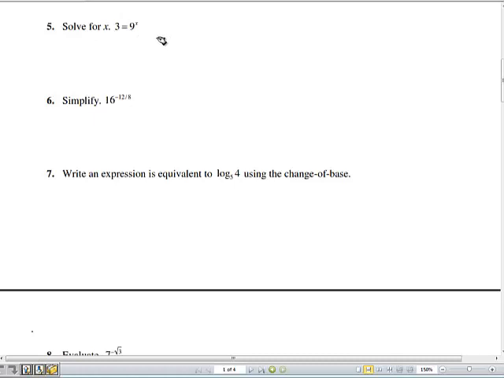Okay, number 5. Solve for x. Now you have 3 is equal to 9^x. In order to get that exponent out of the exponent position, I'm going to have to take some kind of log on both sides, and this will be natural log of 3 is equal to natural log of 9^x, and that x comes in the front.